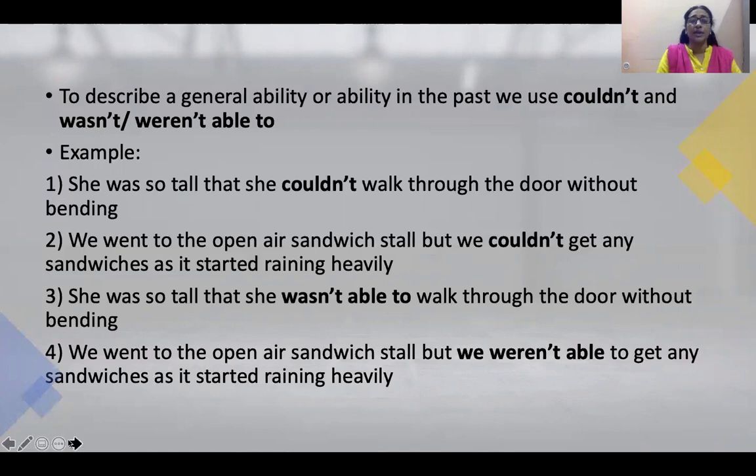We went to the open-air sandwich stall, but we couldn't get any sandwiches as it started raining heavily. She was so tall that she wasn't able to walk through the door without bending. And we went to the open-air sandwich stall, but we weren't able to get any sandwiches as it started raining heavily.